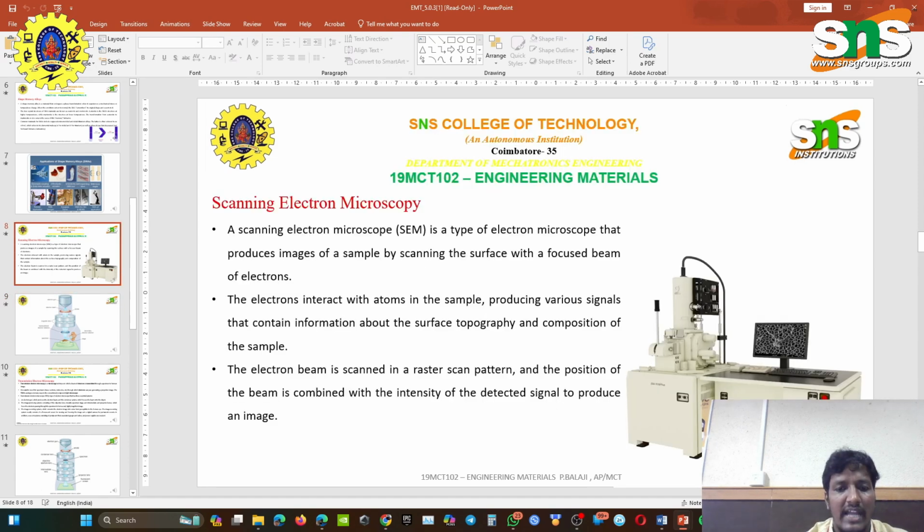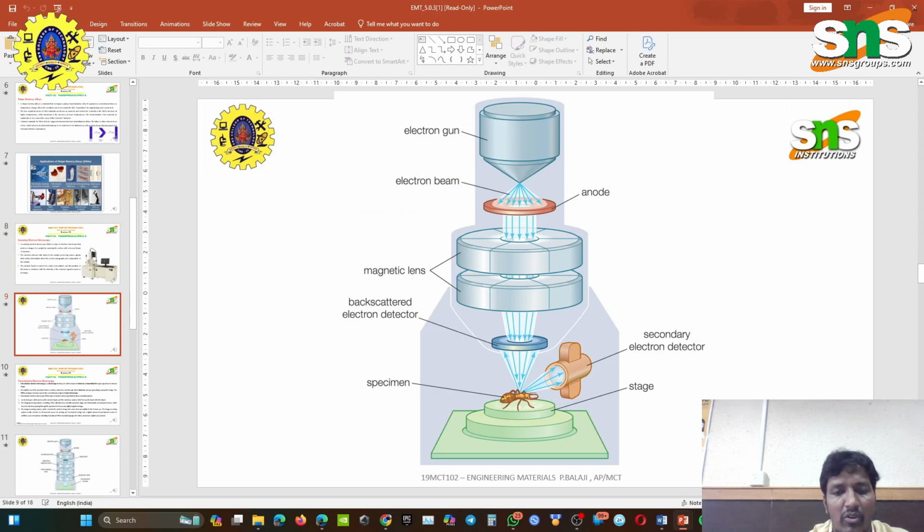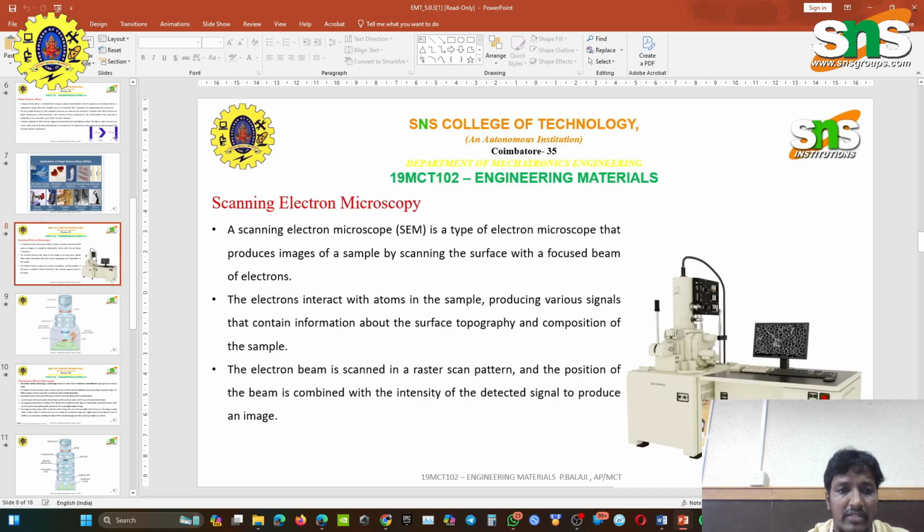So these are some points about the scanning electron microscope. The basic principle is that the electron gun strikes the object's atoms, and we get images about the material, its topography, and then we can analyze the material using software applications.